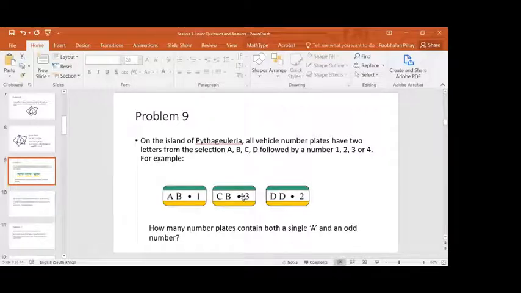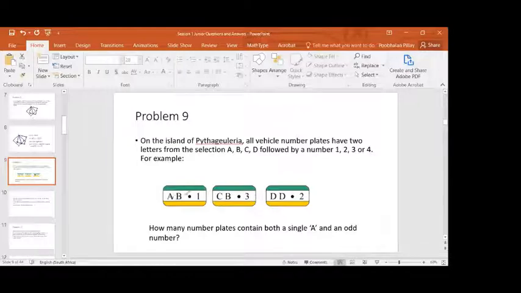It's a small island with very few cars. The numbers are chosen from 1, 2, 3, or 4. That's important. While the letters are chosen from A, B, C, and D, and these two letters can be any of those letters. All right, so we understand the question.